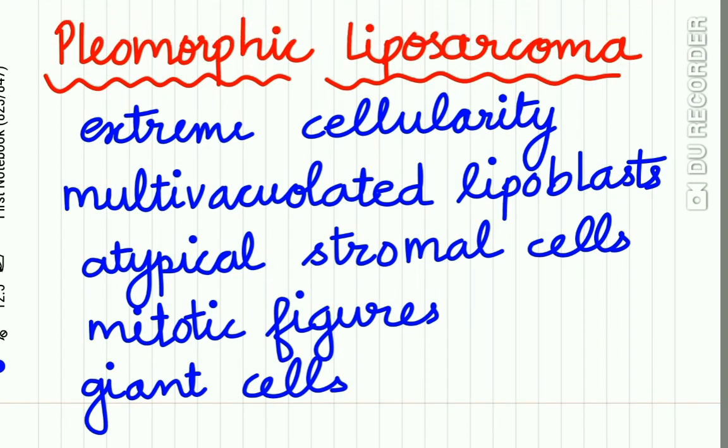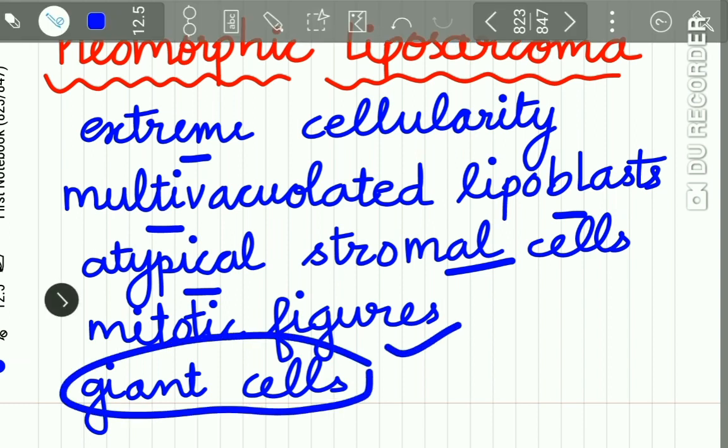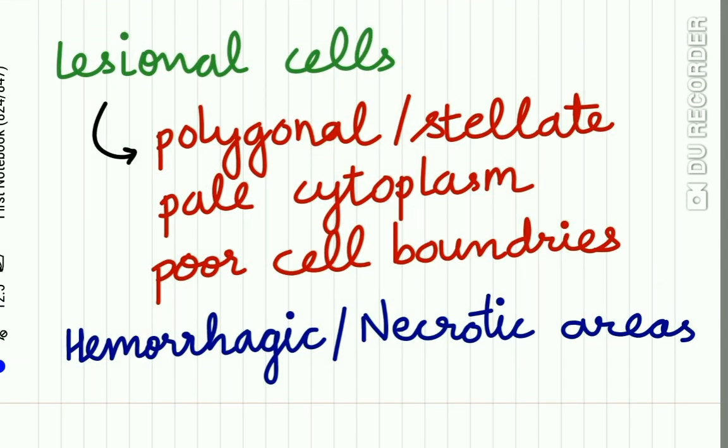Then comes the pleomorphic liposarcoma, which has extreme cellularity and contains multivacuolated lipoblasts, atypical stromal cells with mitotic figures, and also giant cells may be seen. The lesional cells of pleomorphic liposarcoma are polygonal or stellate shaped with pale cytoplasm and poor cell boundaries.